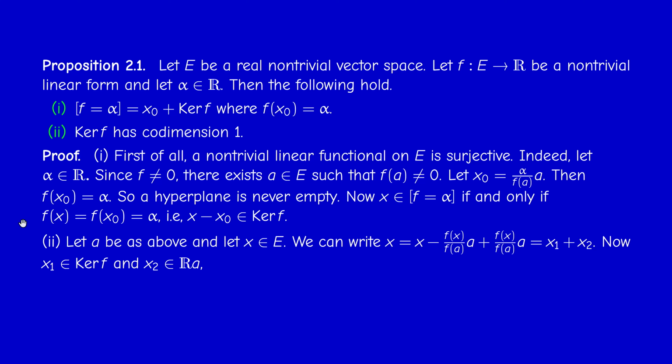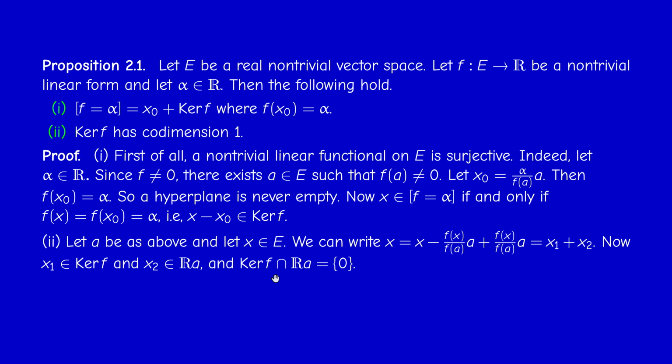It's easy to check that f of x1 is f of x minus f of x times f of a over f of a, so it's just 0. And x2 is a multiple of a, so it belongs to the one-dimensional subspace generated by a, which we denote by Ra, or [a], or vect a. So this is the first condition.